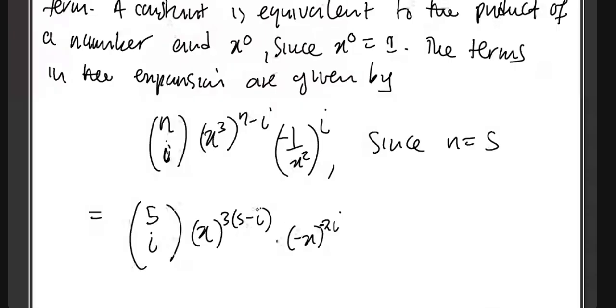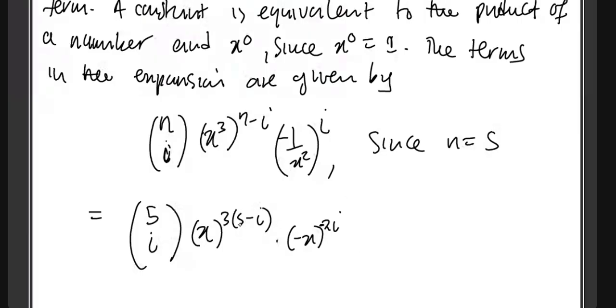So we have written it in this form. Now notice that we have x there, we have x there. We want this whole thing to be equal to 0.